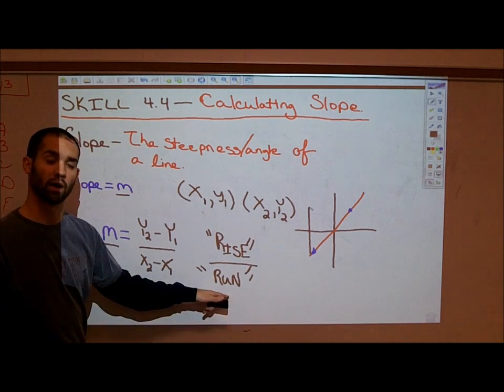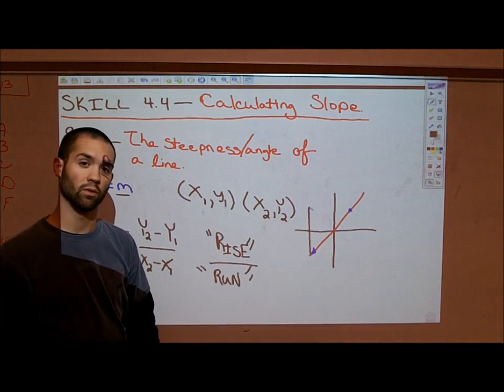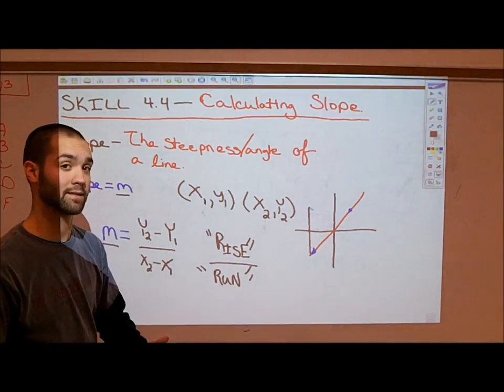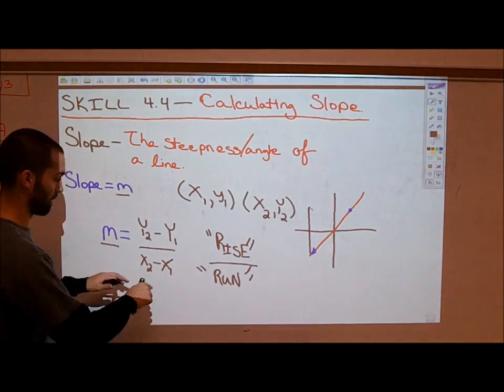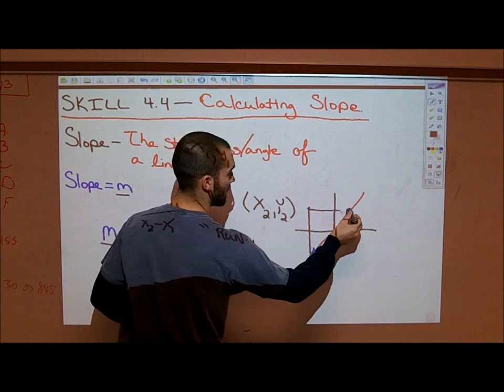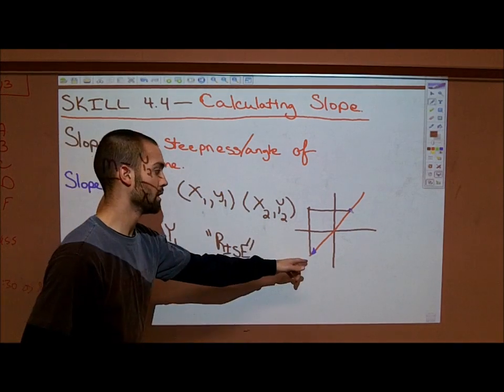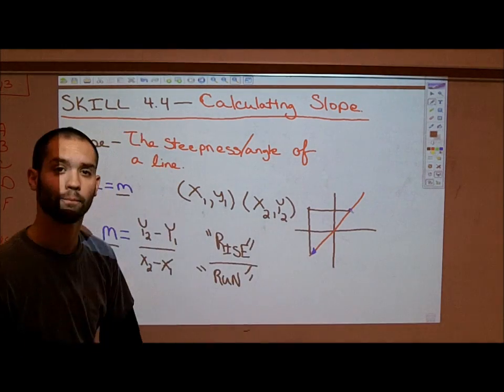Then think about run. If you think about run, you're going left to right. Which axis goes from left to right? The x-axis does, the x values. So that's why we call it rise over run. That's what we're calculating, this little change of direction.